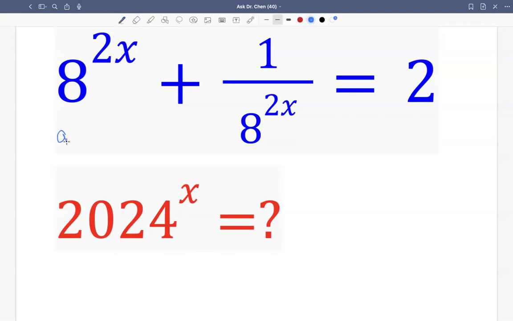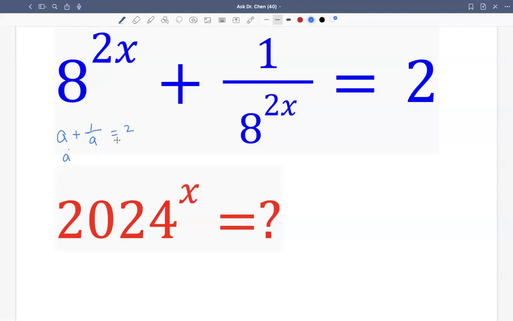So if we have a plus 1 over a equals 2, we see this is a, actually it's just 8, not a squared. We start with 8, not a squared.